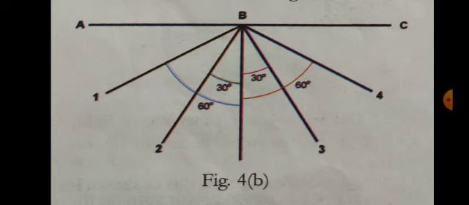Now you have to number these lines 1, 2, 3, 4 like you are seeing here in figure 4b. Now place a mirror strip vertically on the segment AC with its reflecting surface facing the normal. See that the back of the mirror coincides with the segment AC.